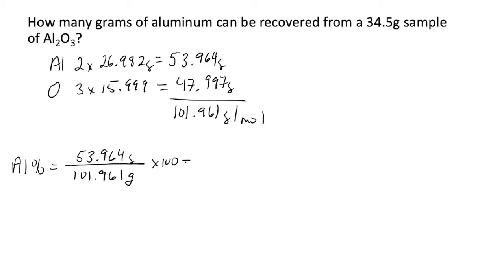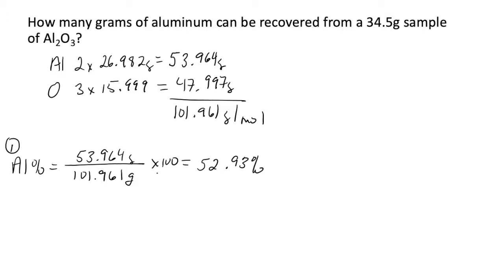So multiply that by 100, and you'll find that the percentage of aluminum in each molecule of aluminum oxide is 52.93%. This was step 1, where we calculated the percent of aluminum in aluminum oxide.